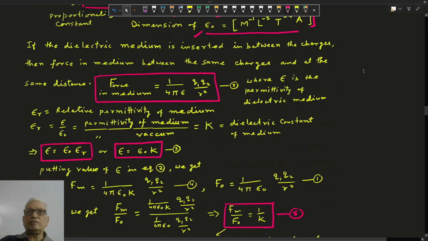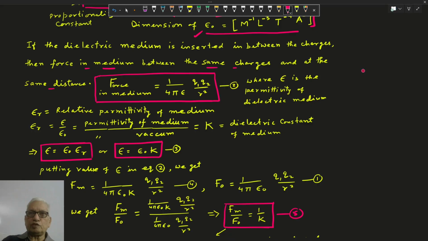If a dielectric medium is inserted in between the charges, the force in the medium between the same charges at the same distance is given by 1 upon 4 pi epsilon. Epsilon is the permittivity of the dielectric medium, and epsilon r is the relative permittivity of the medium.